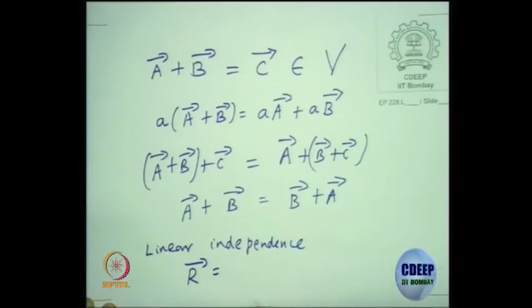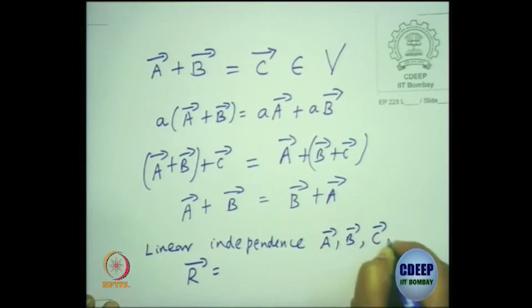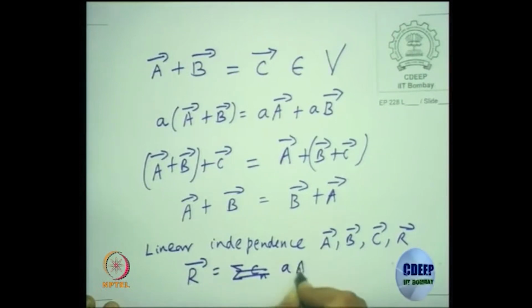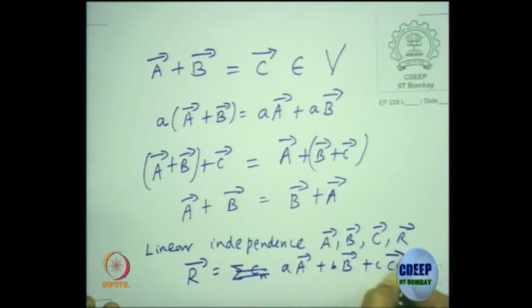Okay, so there the condition is that if you give an arbitrary vector R, suppose each of those are given, and if this arbitrary vector R is a linear combination of those vectors, or if you are given a set of vectors A, B, C and R, and if R is some linear combination, let me write it as a times A plus b times B plus c times C, and if these coefficients a, b and c are 0, then you would say that the set is linearly independent.